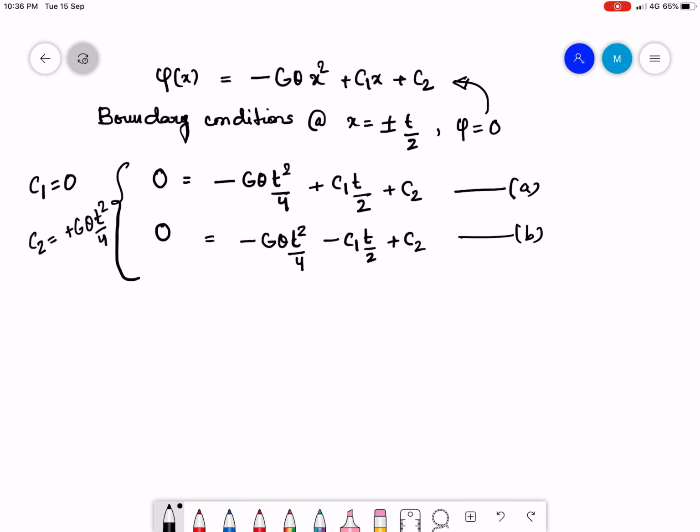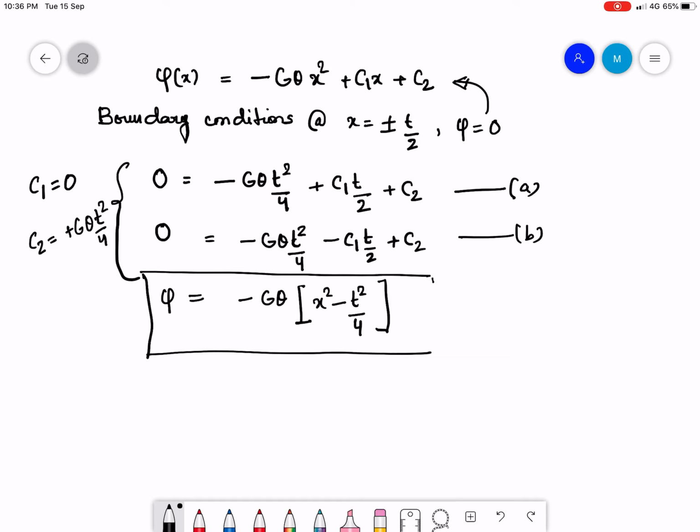Therefore, my stress function phi is going to become minus G theta times x square minus t square by 4. So, this is the stress function of a shaft with narrow rectangular cross section. This is Prandtl's stress function of a shaft with narrow rectangular cross section.